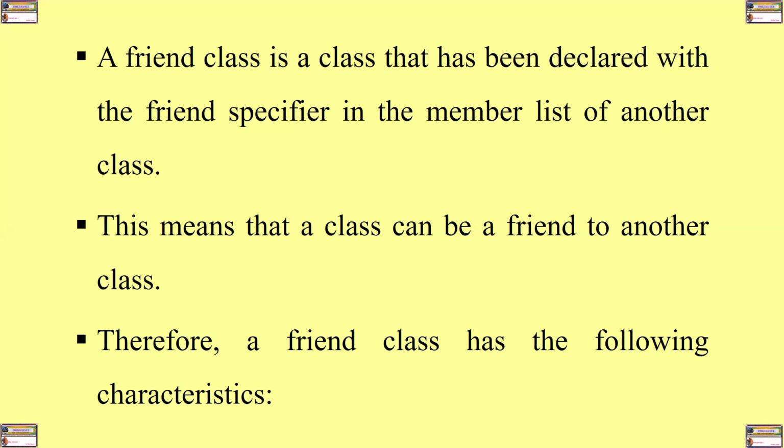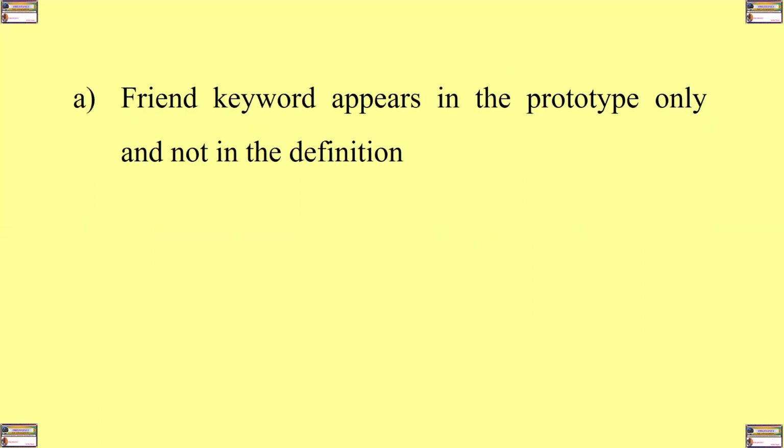So, what are the characteristics of such a class that has become a friend of another class? Number one, such a class has the reserved word friend appearing in the prototype only and not in the definition.